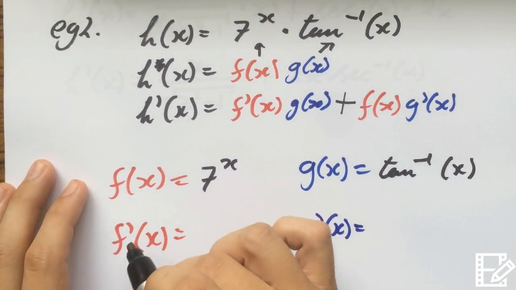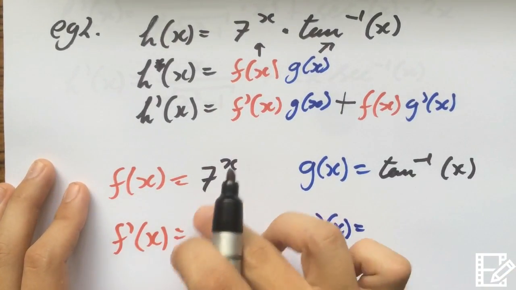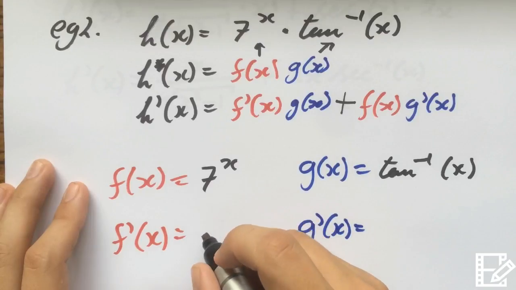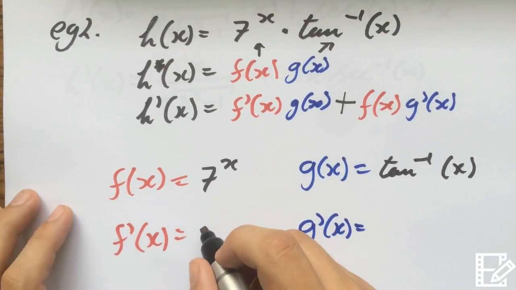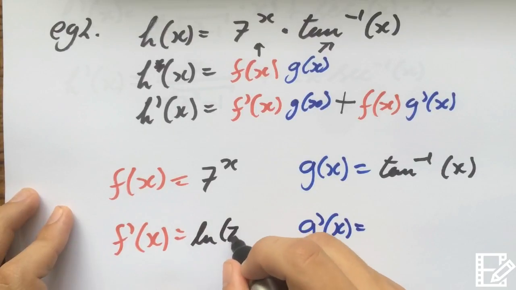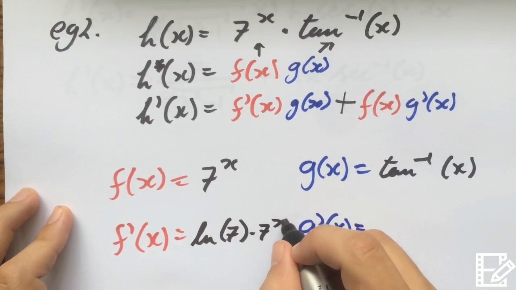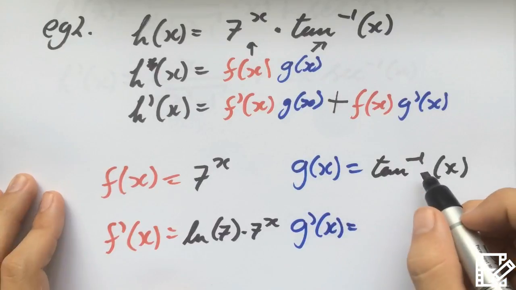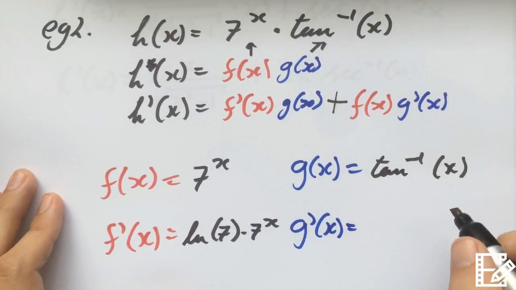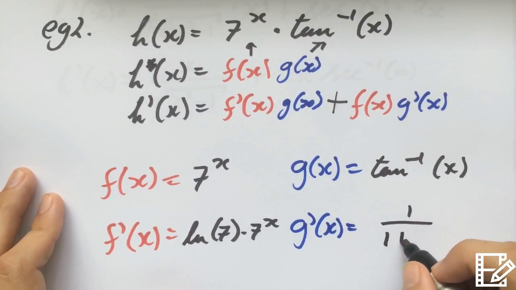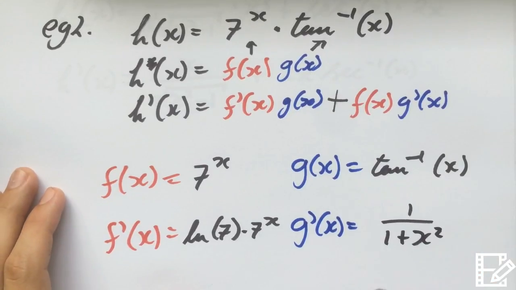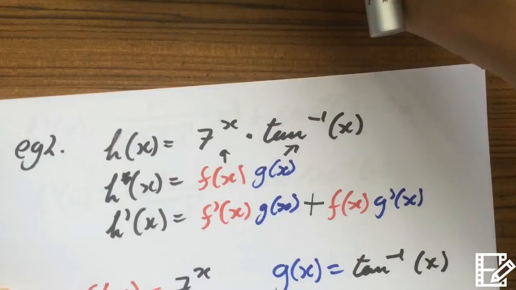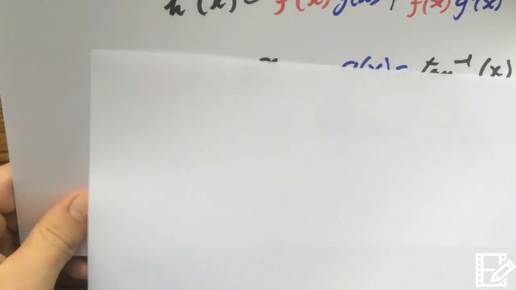Okay, so let's find the derivative of 7 to the power of x, which is ln 7 multiplied by 7 to the power of x, and the derivative of inverse of tangent x is 1 over 1 plus x squared. Now we have all this, we can go ahead and fill out the answer.